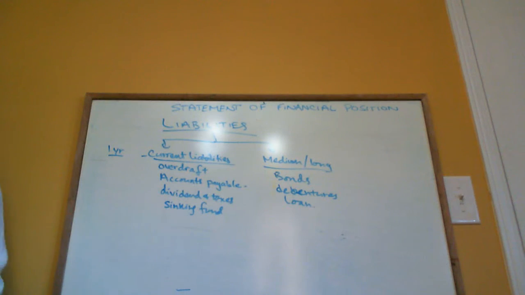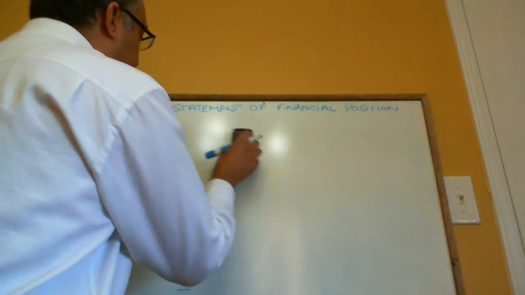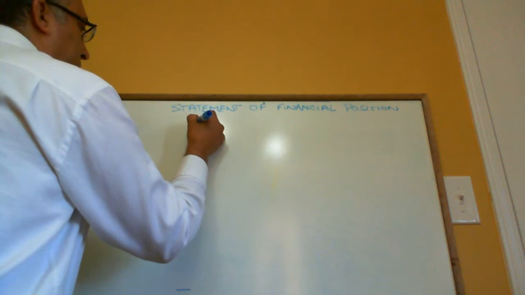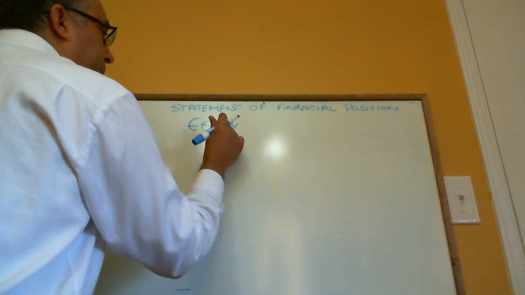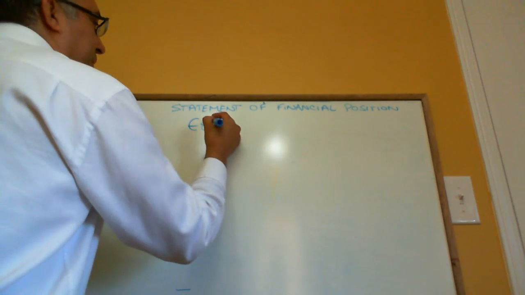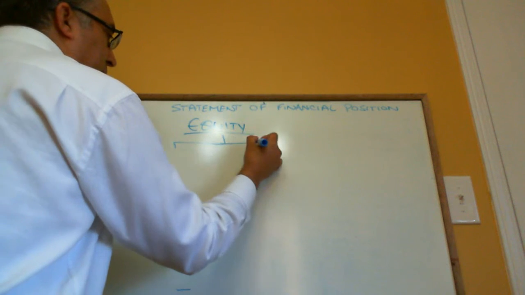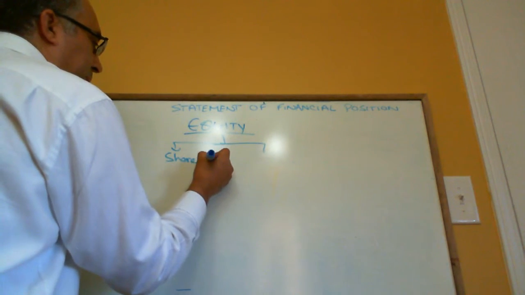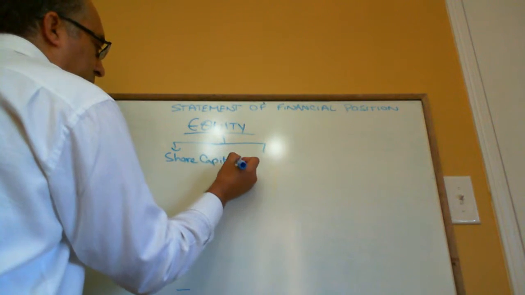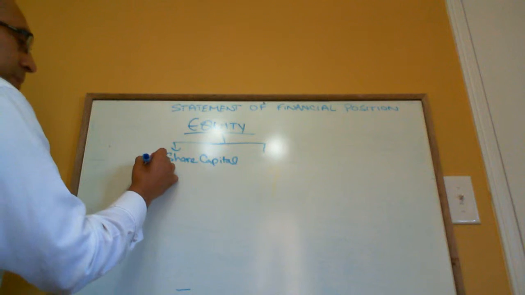Under shareholder equity, we have share capital. The share capital is that money which is fixed. So keep in mind, this share capital is not affected by the share price.